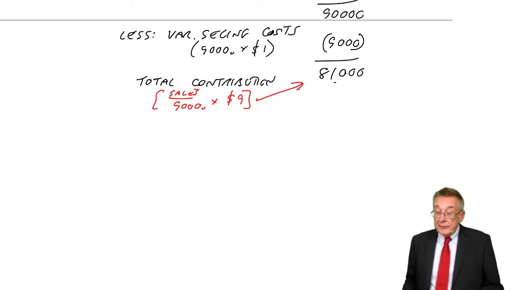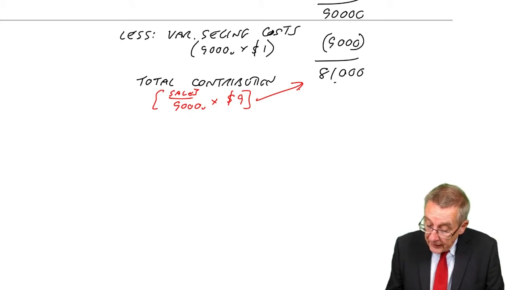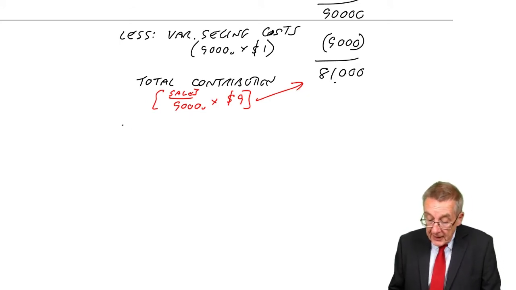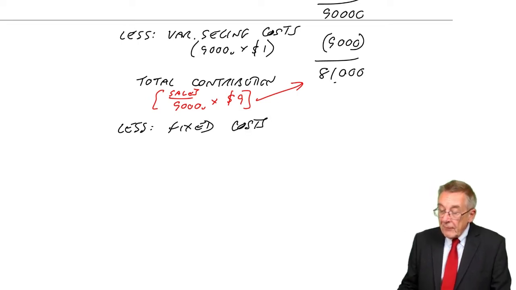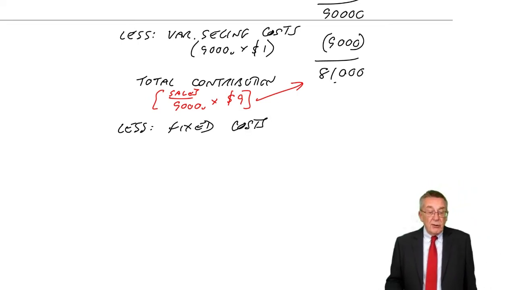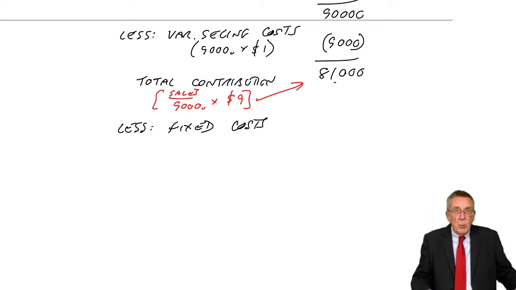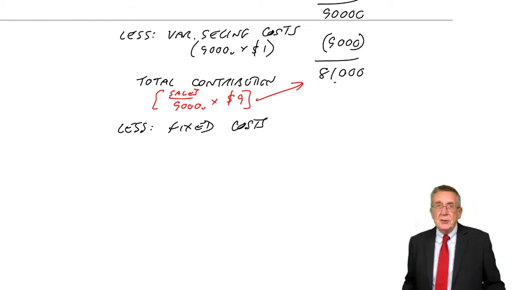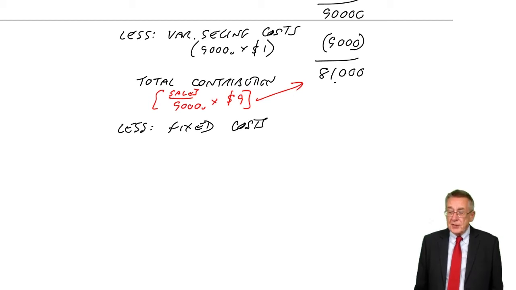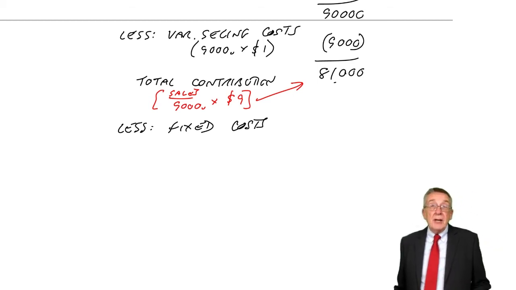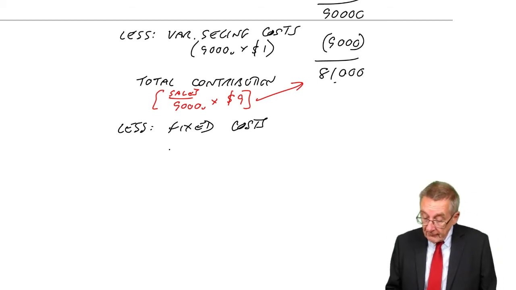For the final profit, of course, that's the profit before fixed costs, so we now need to subtract the fixed costs. But this time, no messing around, putting in, absorbing one figure and then having to deal with this over-under absorption. We simply subtract whatever the fixed costs are.